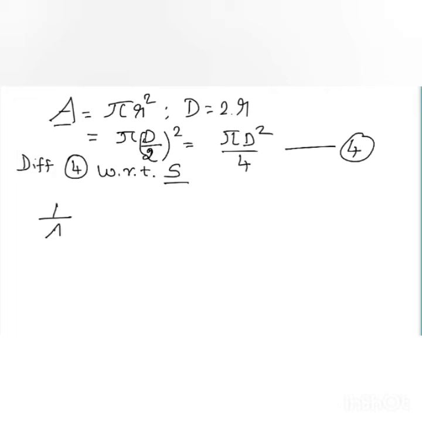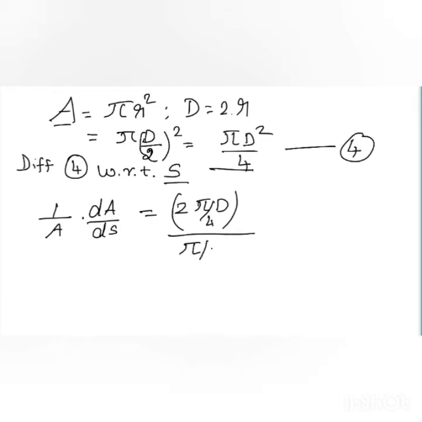So 1 by A into dA by ds is equal to this part. Okay, so first if you differentiate d square, let's say 2 into pi d by 4, the whole divided by the whole component, which is pi by 4 into d square, since we did dd by ds, right?